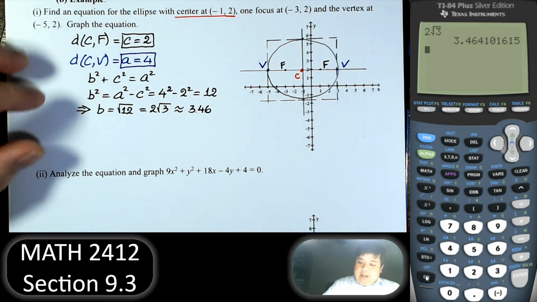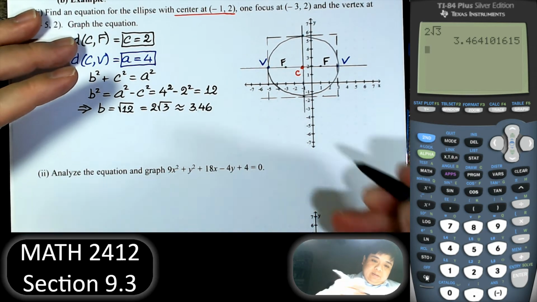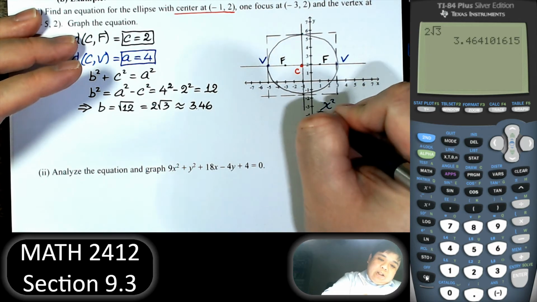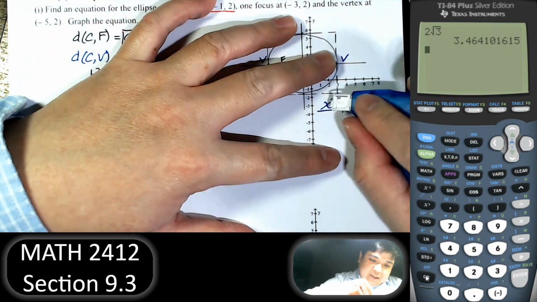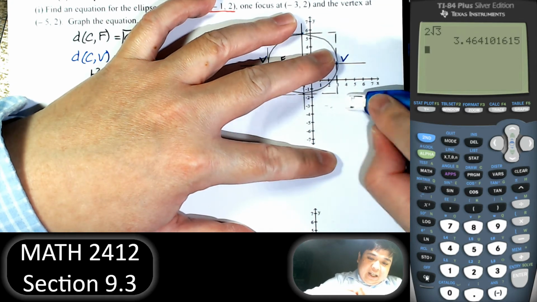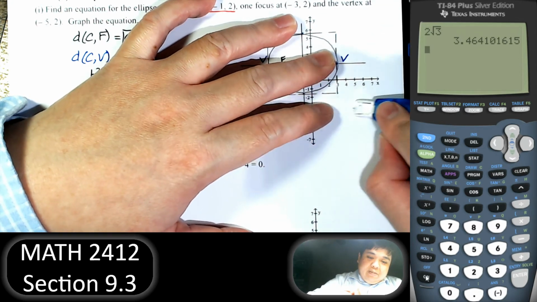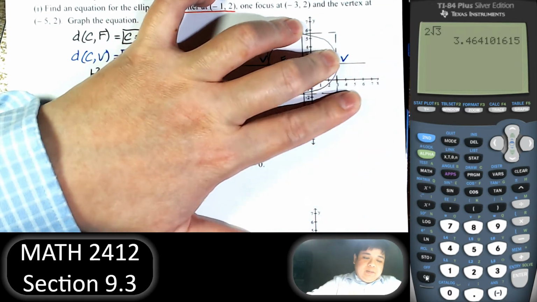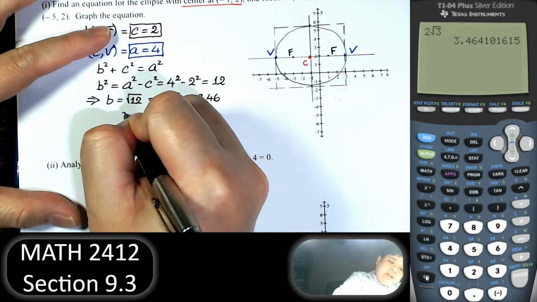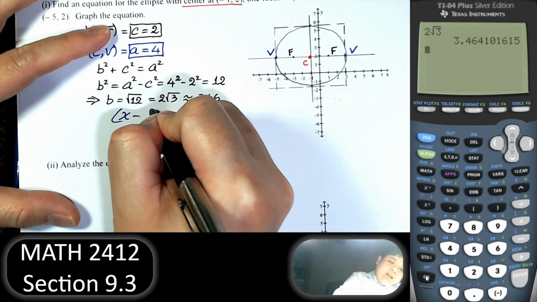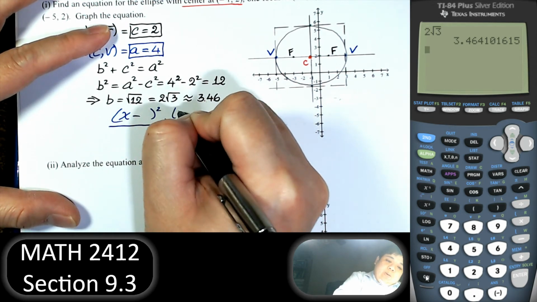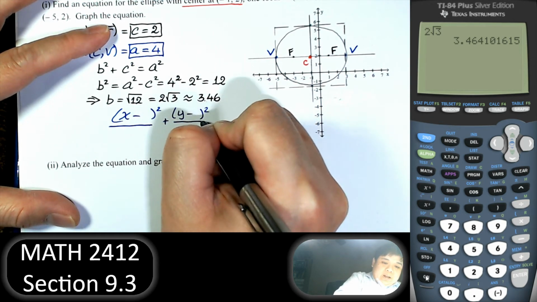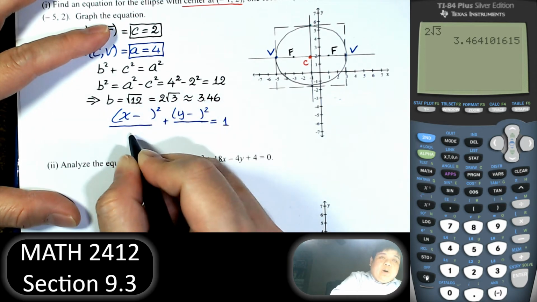Right, the equation: x squared over something square plus y squared. This one we have the center, so the equation will be x minus something square plus y minus something square equal to 1 over something square.